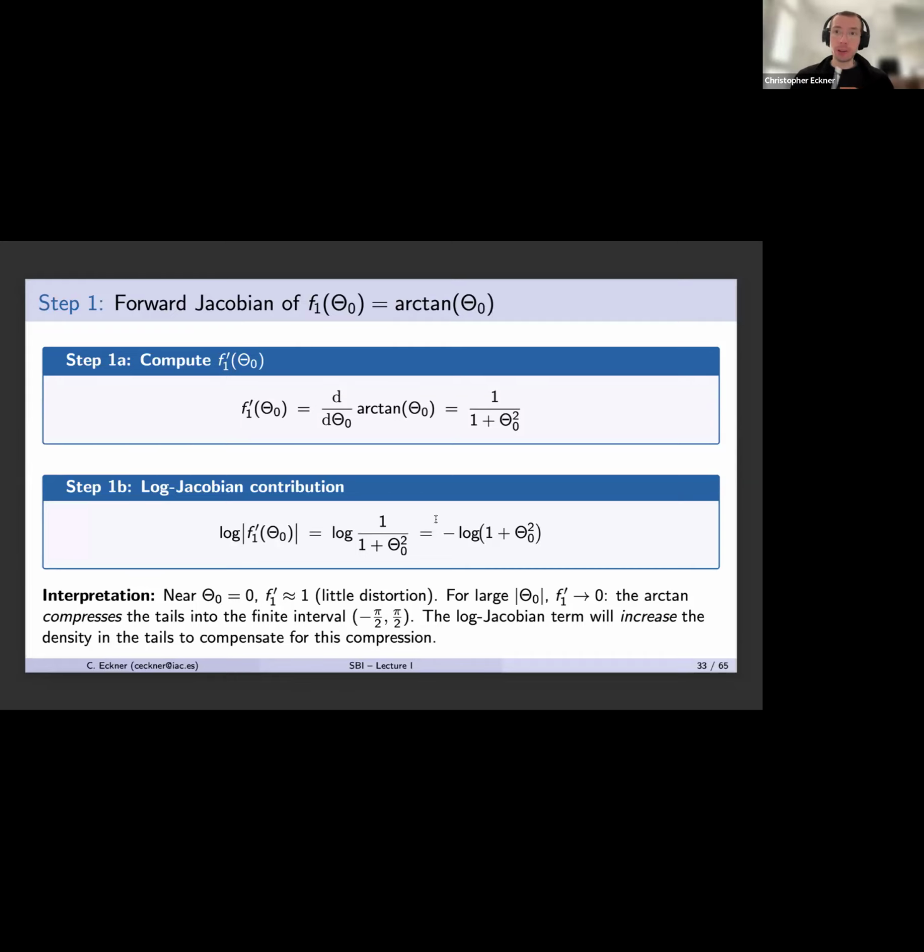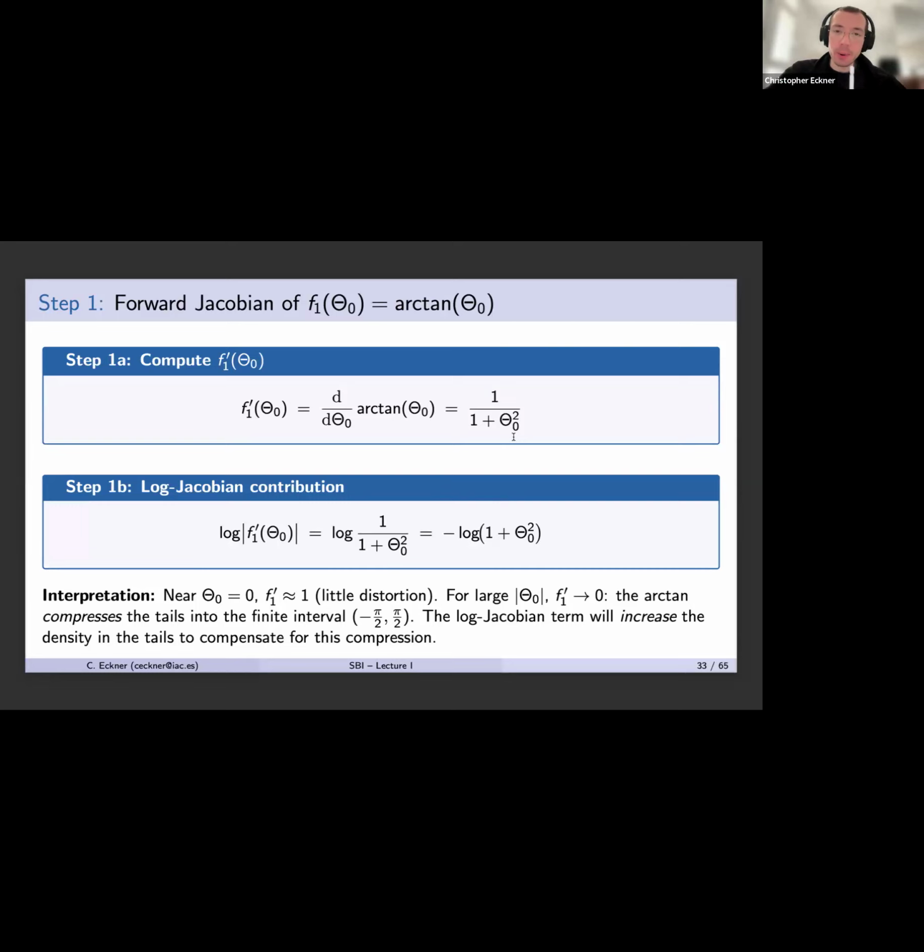And we need the Jacobian. The Jacobian of a one-dimensional function is nothing but the derivative. The derivative of the arctangent is 1 over 1 plus x squared, or theta 0 squared. I give you these derivations because I don't want to do them by hand, to avoid any computation mistake.